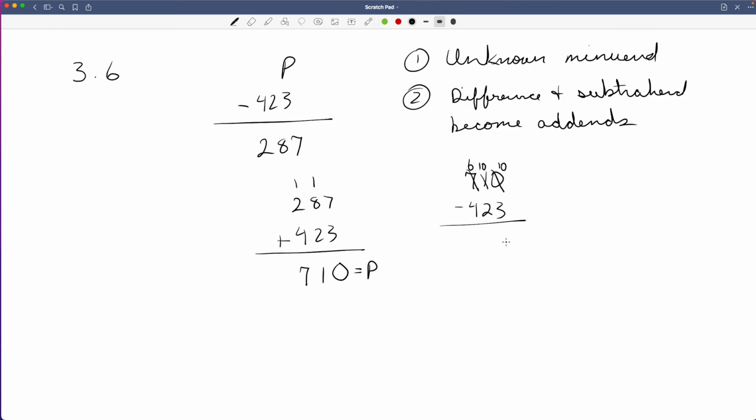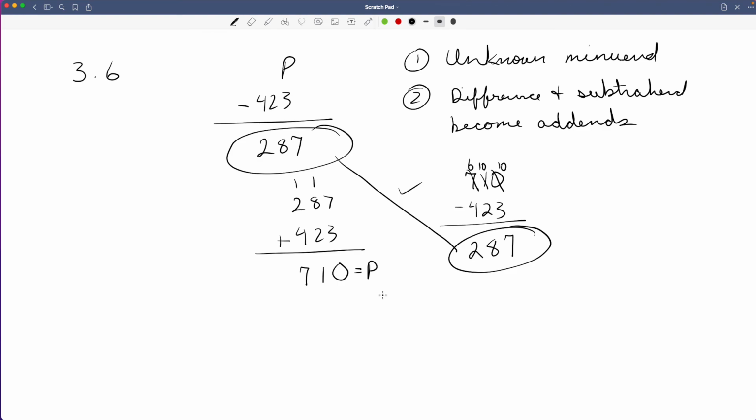So 10 minus 3 would be 7. 10 minus 2 would be 8, and 6 minus 4 would be 2. So 287 is equal to 287, so that checks. So we got the right answer. P is 710. So when you don't know the minuend, that's when you turn it into an addition problem.